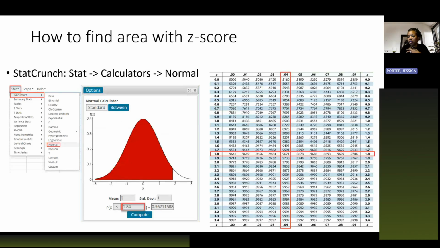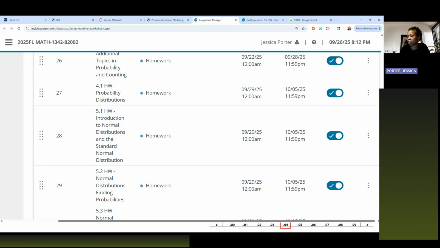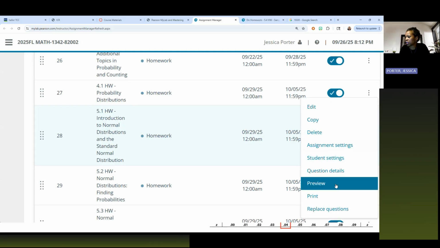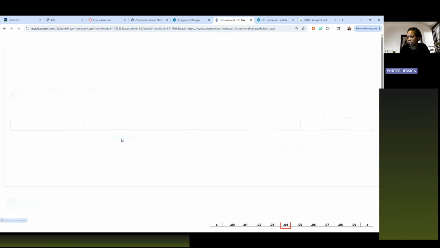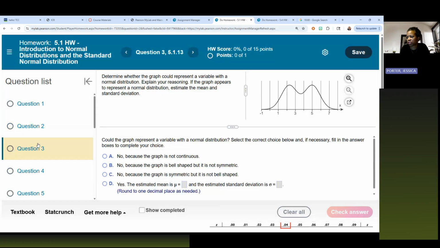You can accomplish the same thing in StatCrunch. Let's go back to StatCrunch. We're in 5.1. I'm just pulling this up so I can go to a question and pull up StatCrunch.